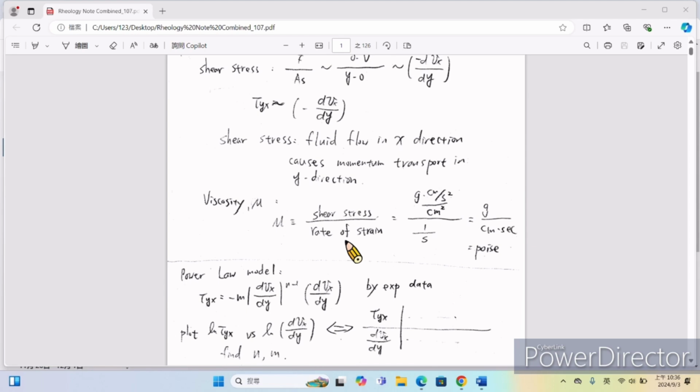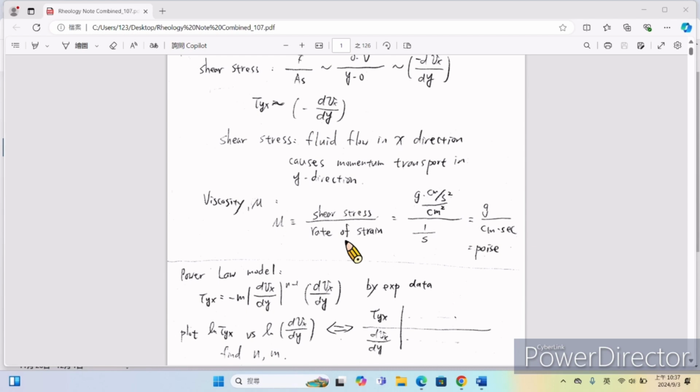So can we say this is the rate of strain? dVx/dy is actually the rate of strain, how fast you are applying your strain. So what's the unit of this?